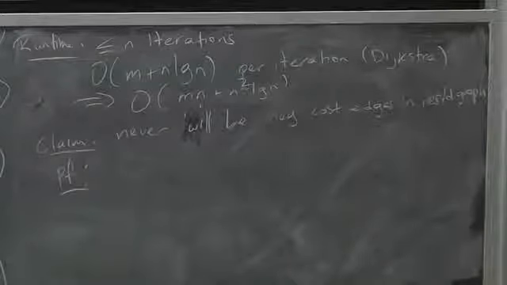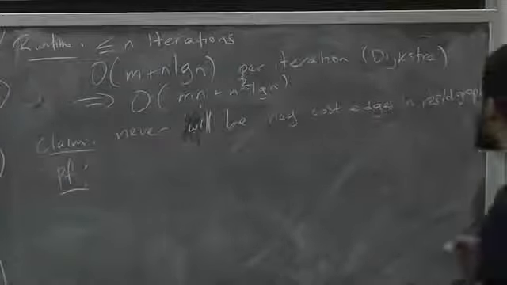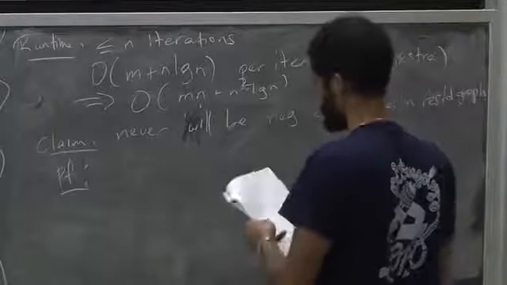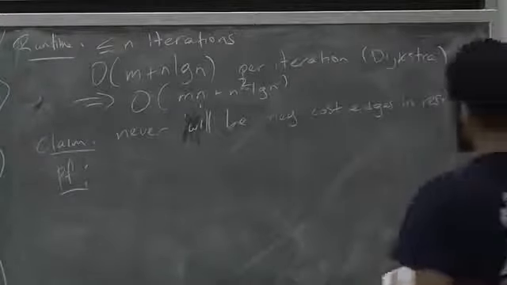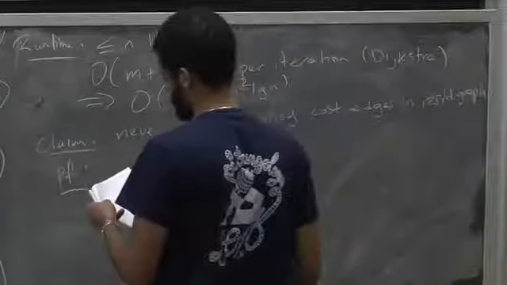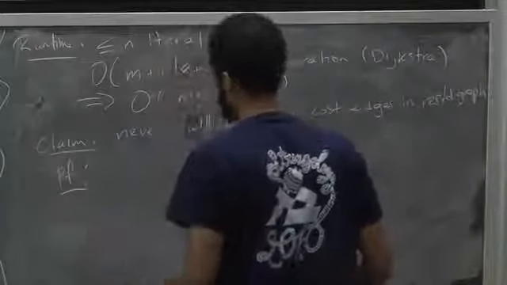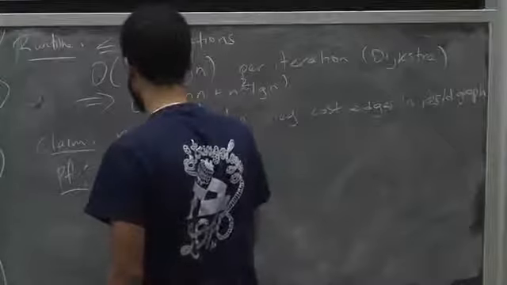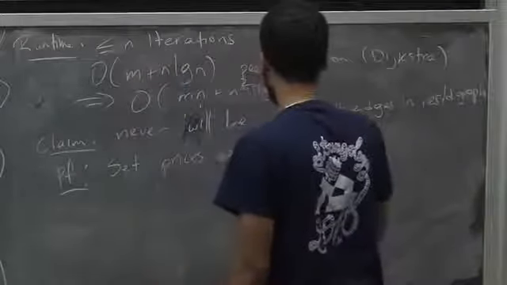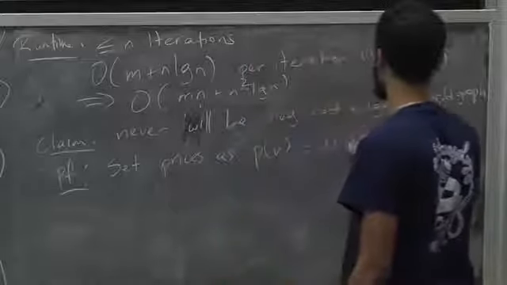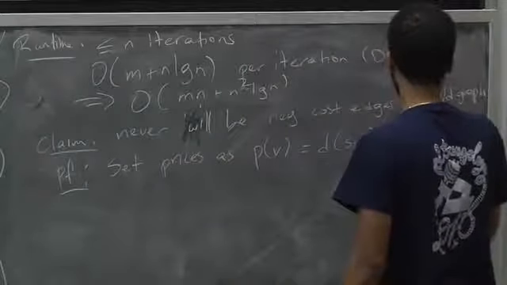Right. So remember, this is a unit capacity graph. Right. So set prices as PV is the shortest path distance from S to V in the residual graph.